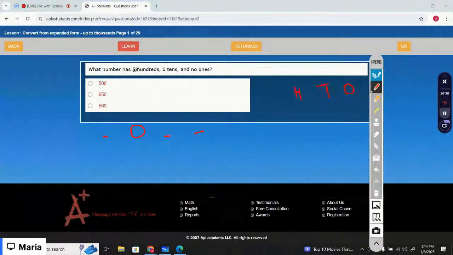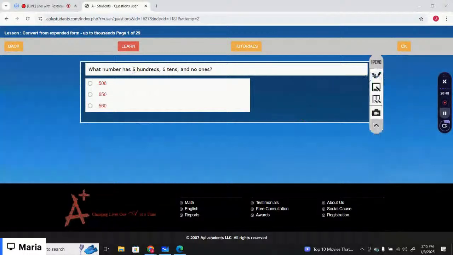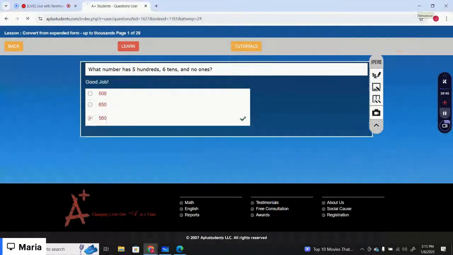So let's just make a place value chart. 500, that means 5 is a digit that would be at the hundreds position. 6 is at the tens position and no ones means 0. So the correct option is 560. Option number 1 is the correct option. The number they make is 560.